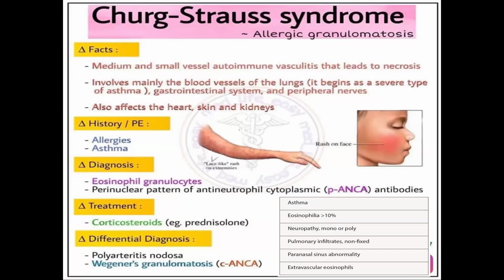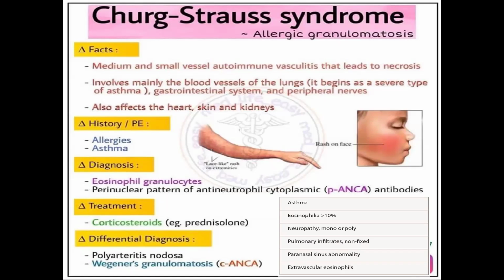When you do a CBC, you will find increased eosinophils. And you'll also find an increase in P-ANCA, which is basically the perinuclear pattern of anti-neutrophil cytoplasmic antibodies. You don't have to remember all these names.